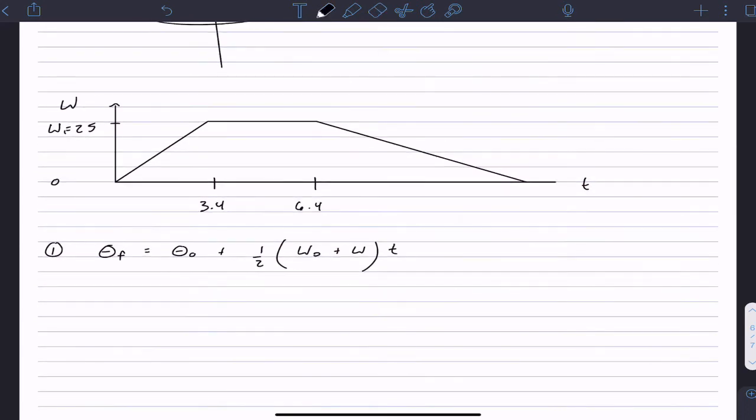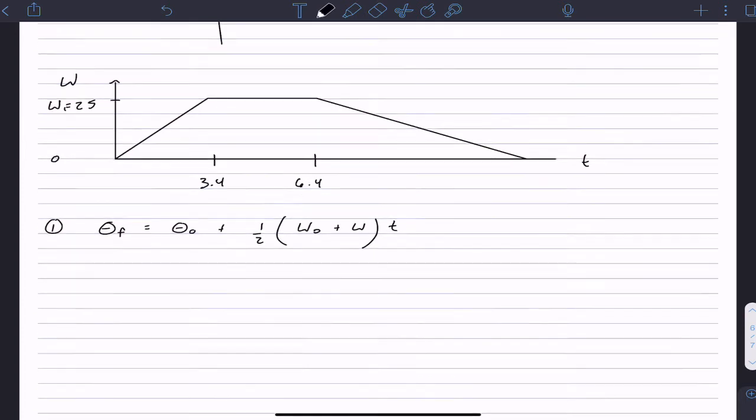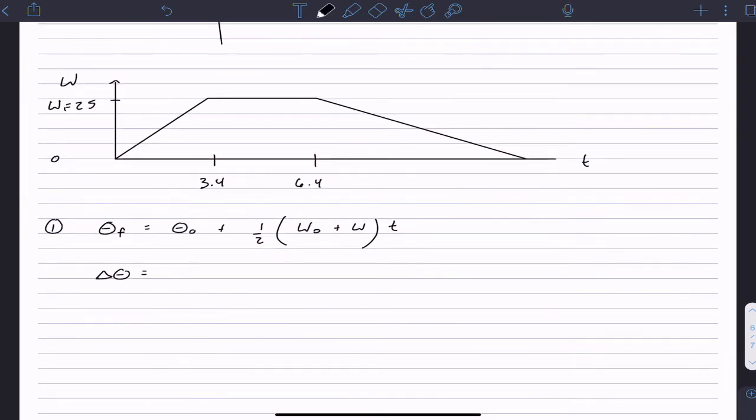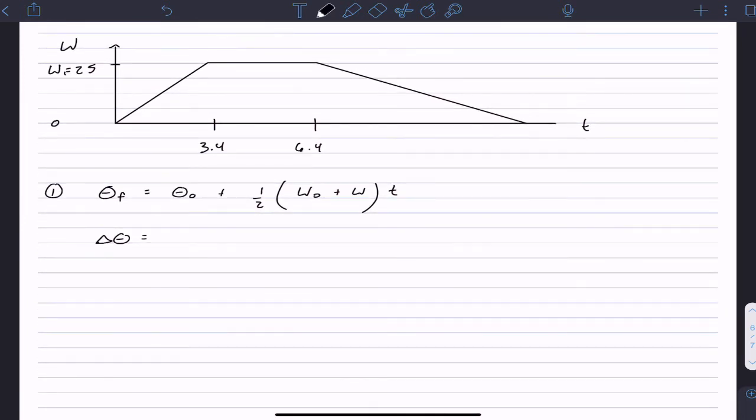These are all directly analogous to the non-rotational kinematic equations. So if we have delta theta, that's actually what we're being asked to find: what is the angular displacement? This is going to be 1/2, initial was 0.